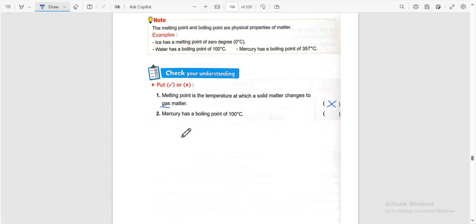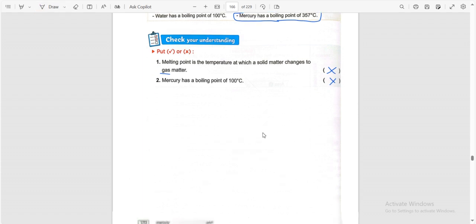Well, mercury has a boiling point of 100 degrees Celsius. So that's definitely wrong. It's 357 degrees Celsius.